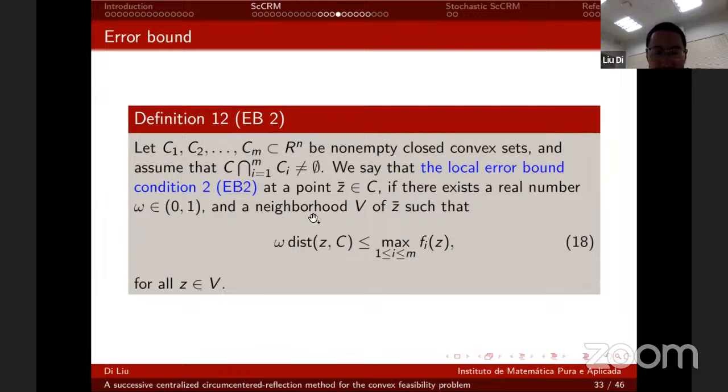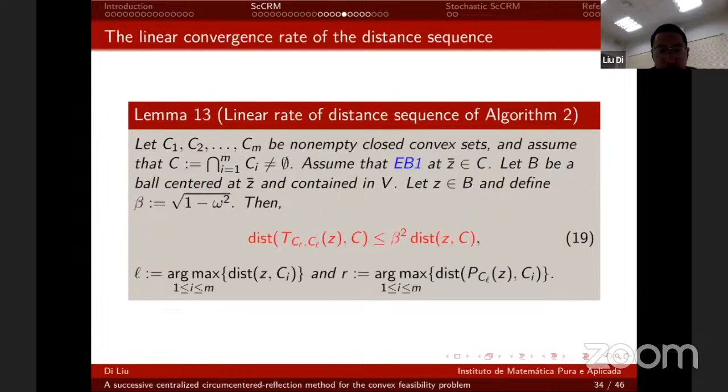If the set is in the form of a function inequality, we assume this error bound EB2. Here we just use the function value instead of the distance, but we also have this maximum here. Actually, we have a relationship between EB2 and EB1. We can prove that EB2 is stronger than EB1. As long as you have EB2, you can use some properties and prove that you can also get EB1.